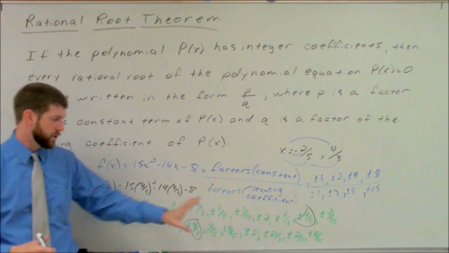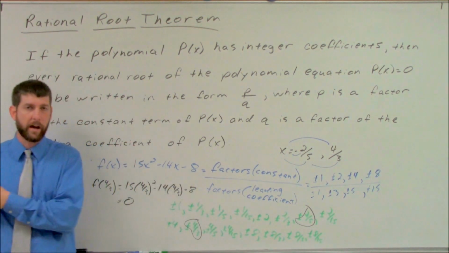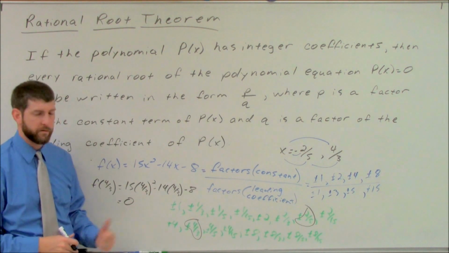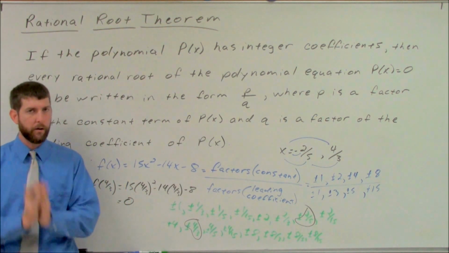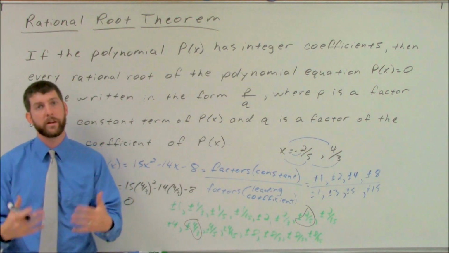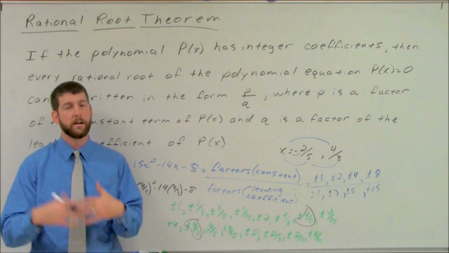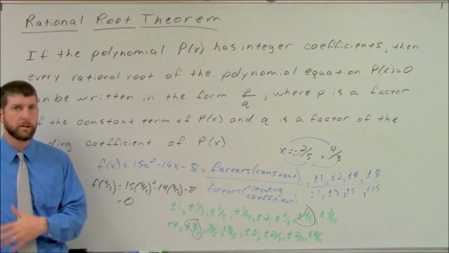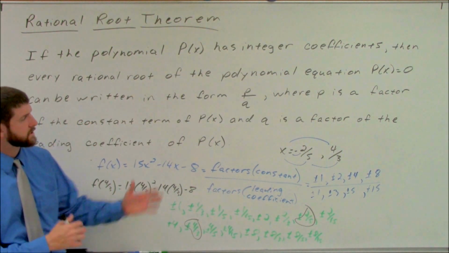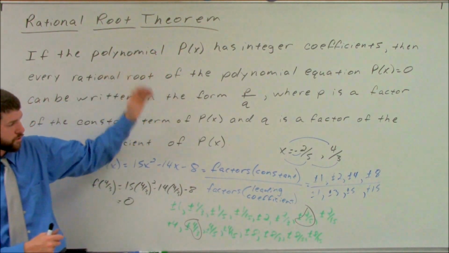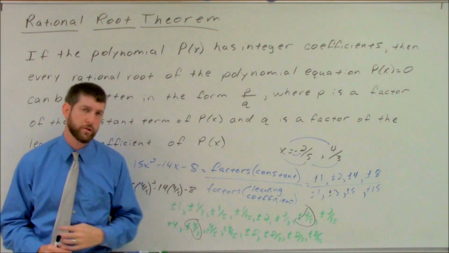So from there I can generate a list, test the values within that list until I get one of them to give me a remainder of 0. Now I know a factor. Now I know a starting point. So once we know a factor, we can divide to factor. And then just take it one step at a time from there. So that's the basis behind rational root theorem and how we're going to use rational root theorem.